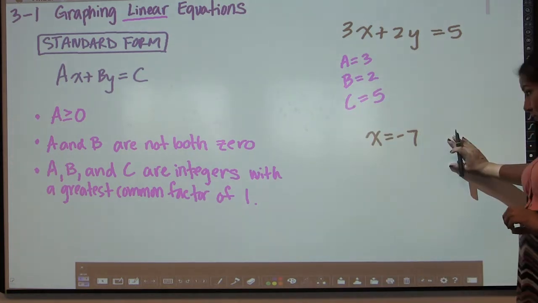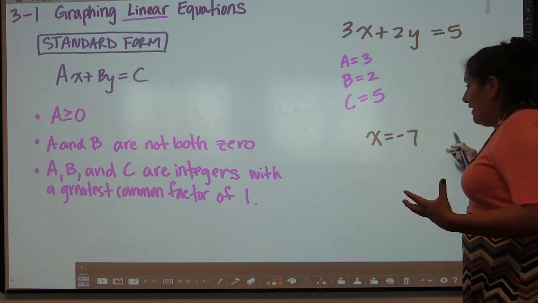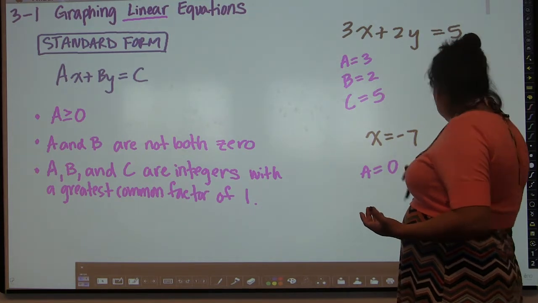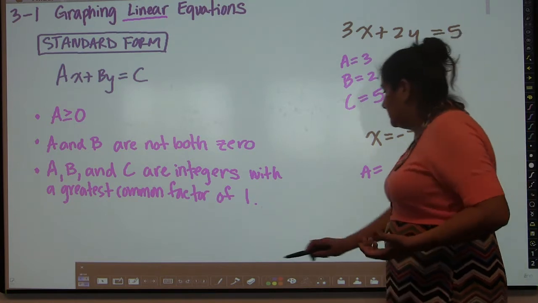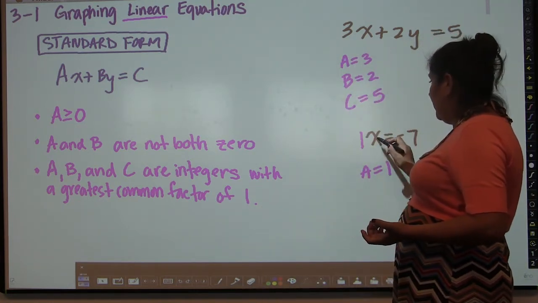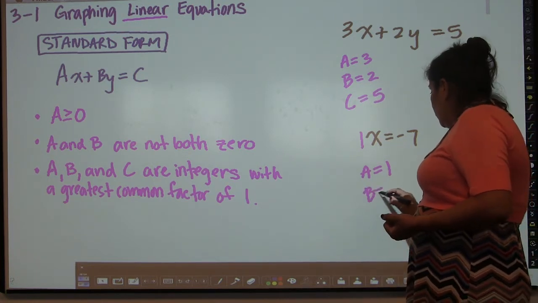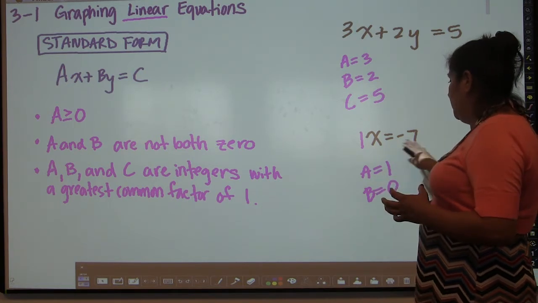And then we have x equals -7. And this might look to you like it's not in standard form. But remember that a, in this case, is equal to 1 because the number in front of x is a 1x. So a equals 1. B is 0 because there is no y term in this equation.